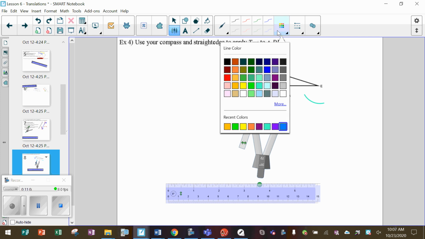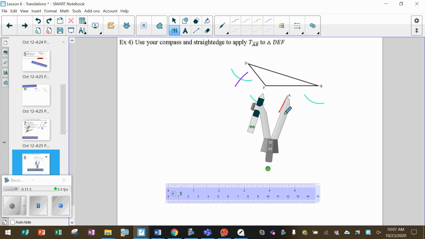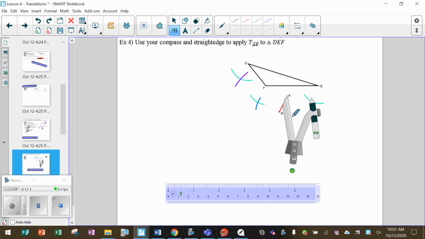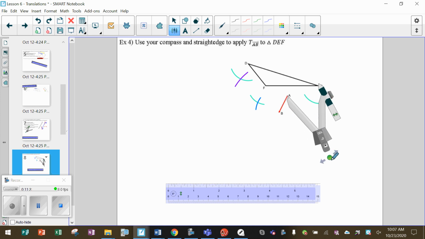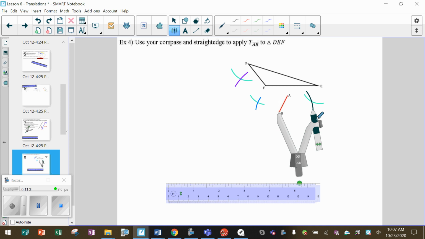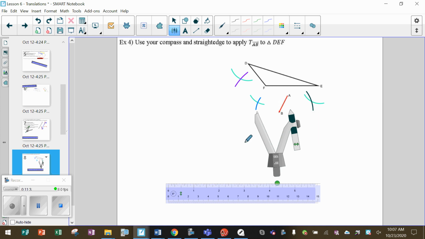X marks the spot. Back to needle at point A. I'm going to measure to vertex E. And I'm going to slide that needle down to the other end of my vector. X marks the spot.